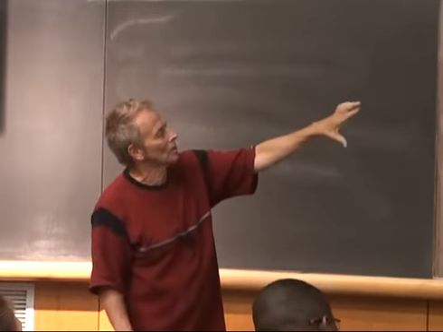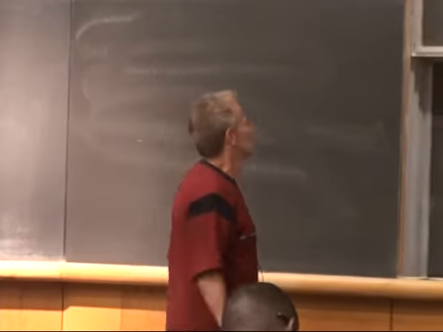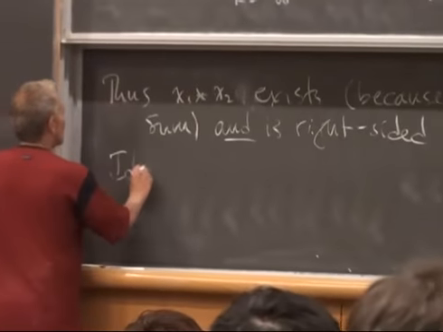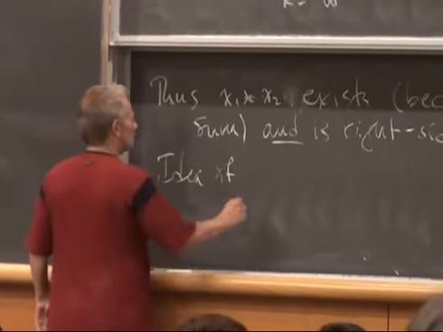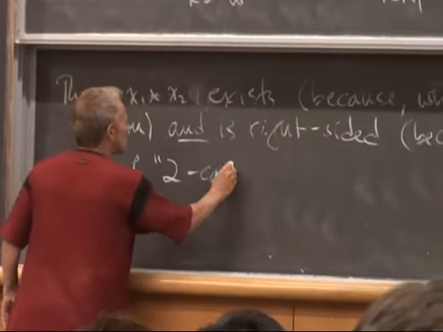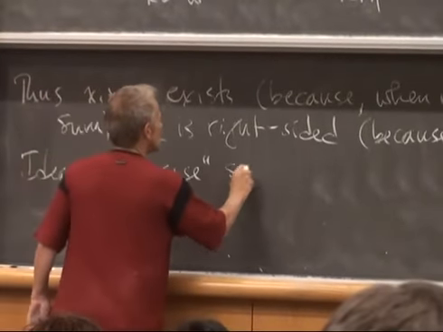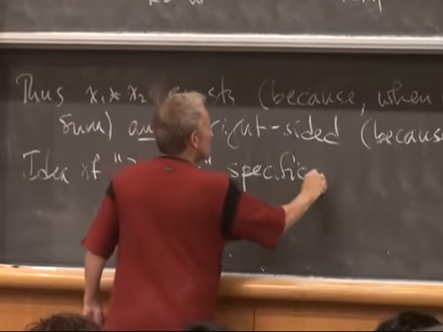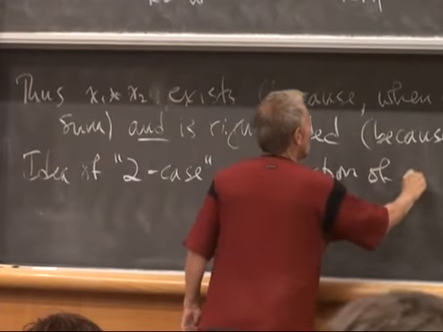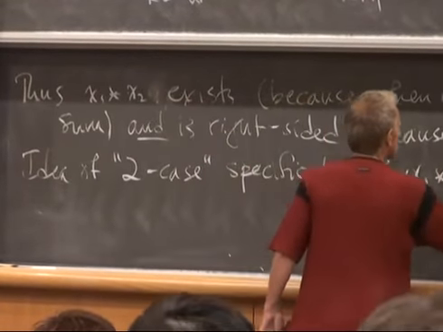Now let's look carefully at that breaking into cases. So the idea of the sort of two-case specification of x1 convolved with x2 of n is as follows.